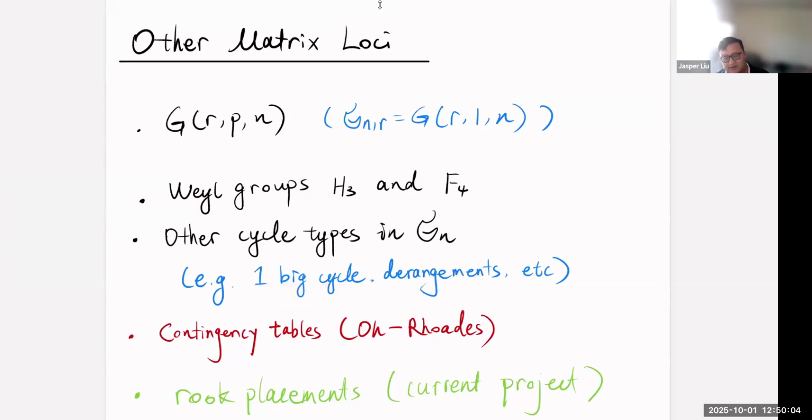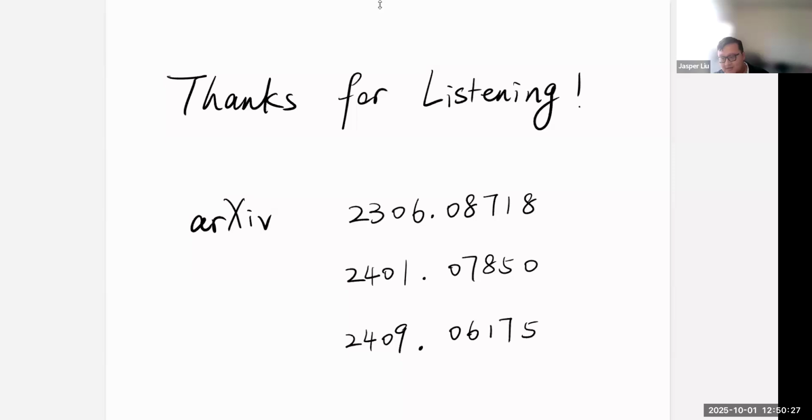And there is also a recent result on contingency tables by Jason O and Brendon that relates contingency tables with its zigzags. And there is also a current project going on that generalizes this result to the collection of all loop placements. And that is all. Thank you.